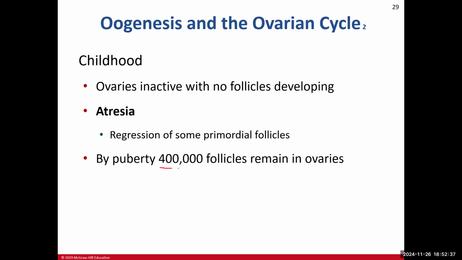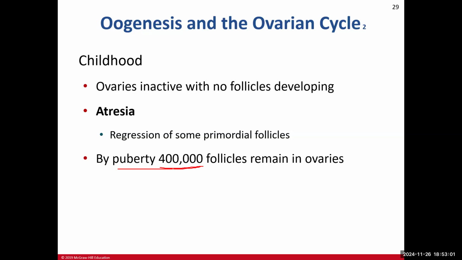You are left after birth, up to puberty, you go from 1.5 million, and I just think that's an incredible number, to less than 500,000, to about 400,000. So you have about 400,000 follicles in the ovaries. If you want to do the math, you've got 2 ovaries, about 200,000 in each ovary.